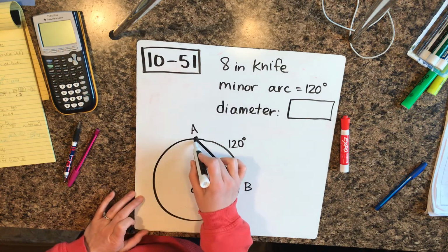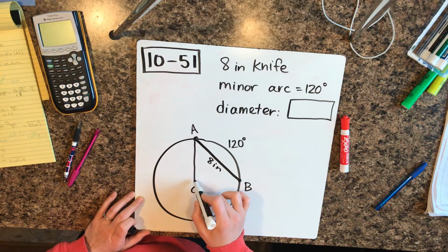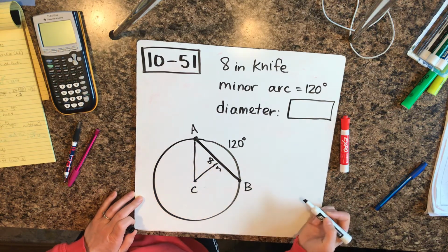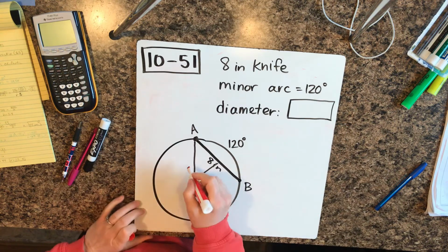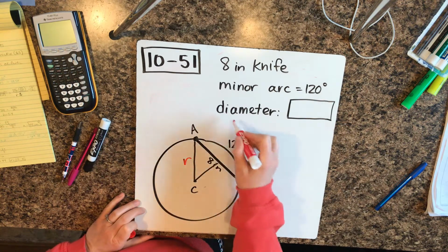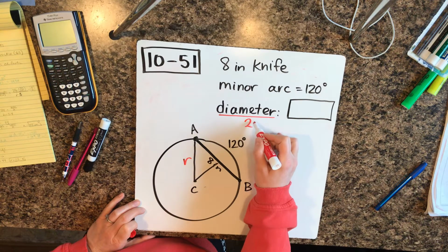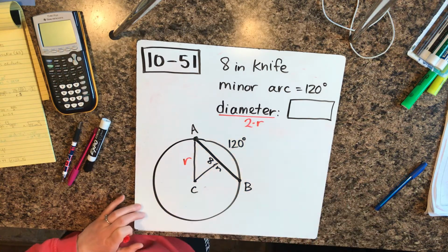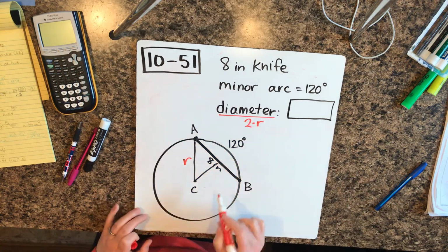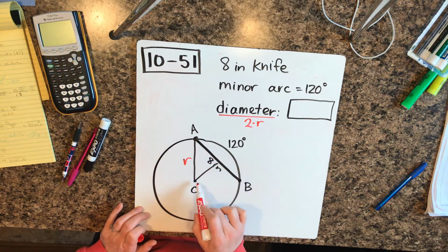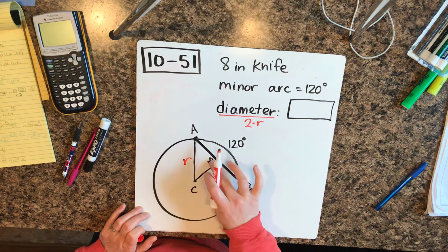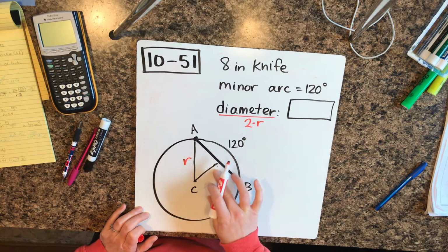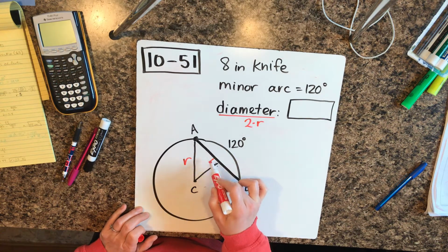Now remember, if I have something at the center of the circle, I can draw in the radius, and the radius is going to help me because the diameter is really 2 times the radius. So if I can find the radius, I can easily find the diameter. Remember, when I have the radius and I have a chord, I have a perpendicular bisector, and it bisected.